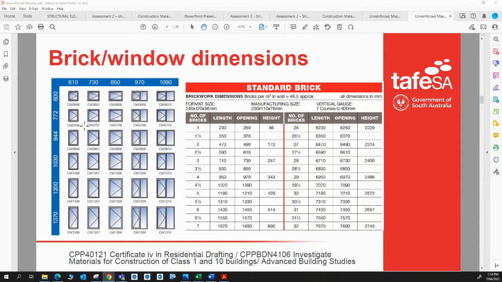We add that to 600, and no surprises, we get to 772, etc. So standard size doors and windows are manufactured to match up exactly with that brickwork, and we've got some widths as well. For the length of an opening, we've got 970 and 970 here.